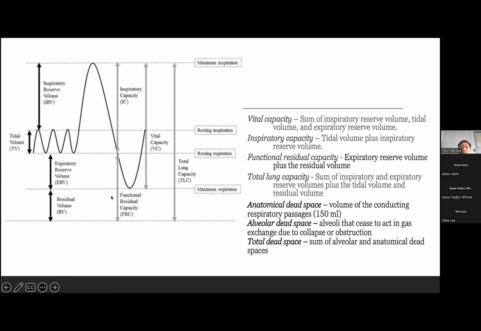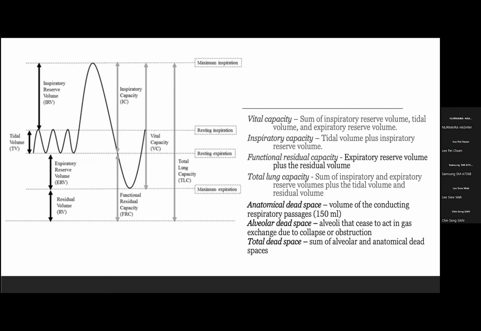When we sum up 2 or 3 volumes, we have a capacity. Vital capacity is the sum of the volume during normal inspiration and expiration, plus the volume that we forcefully inhale and also expire. Inspiratory capacity is the tidal volume plus the inspiratory reserve volume. Functional residual capacity is the expiratory reserve volume plus our residual volume. And the total lung capacity.